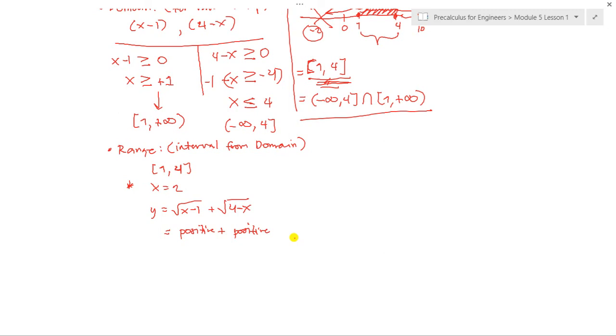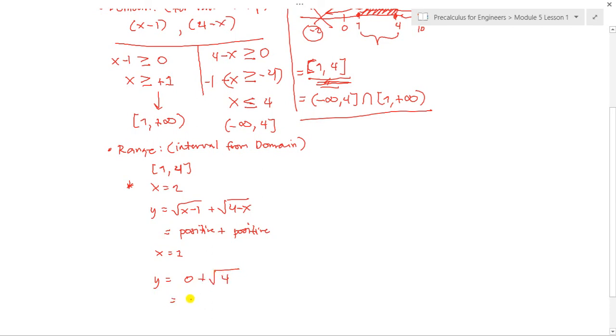So siguro nag-start ba ni siya sa 0, nag-start ba ni siya sa 1. So let's say, since we started at 1, if we have x is equal to 1, what would happen? So here we have y is equal to 1 minus 1, this will become 0, plus here square root of 4 minus 1 is 4.